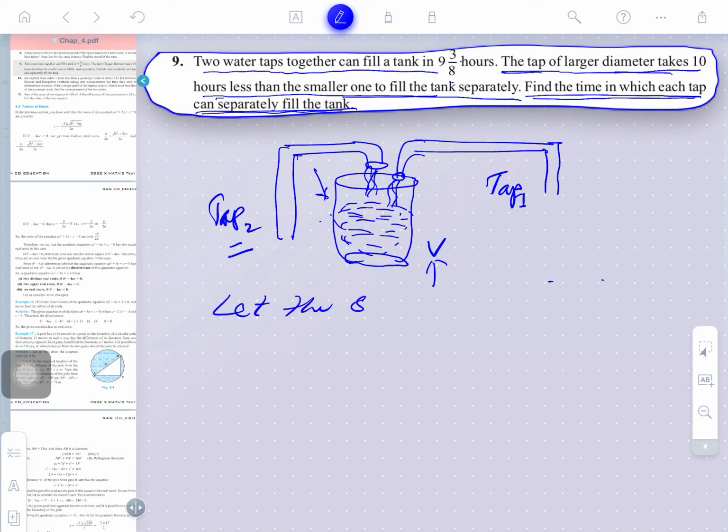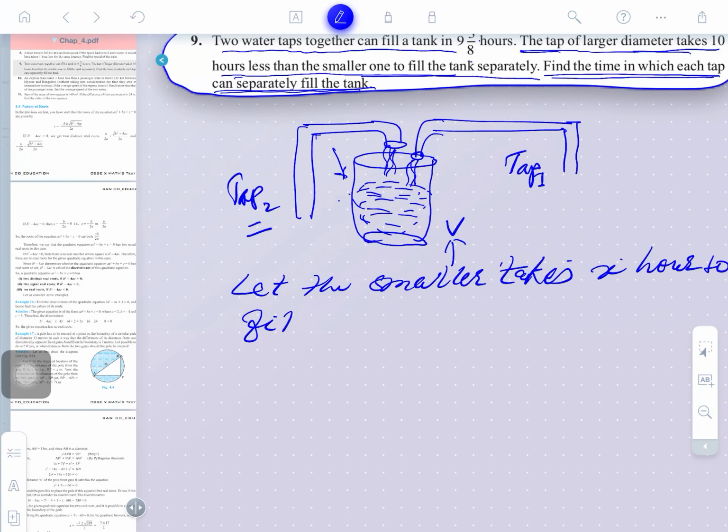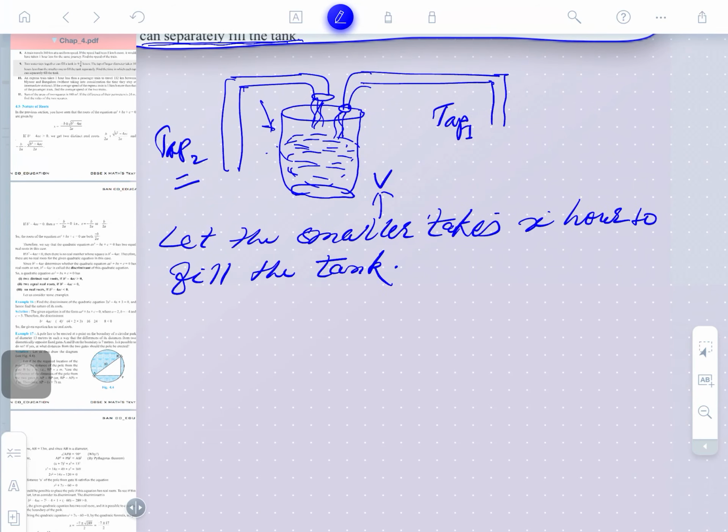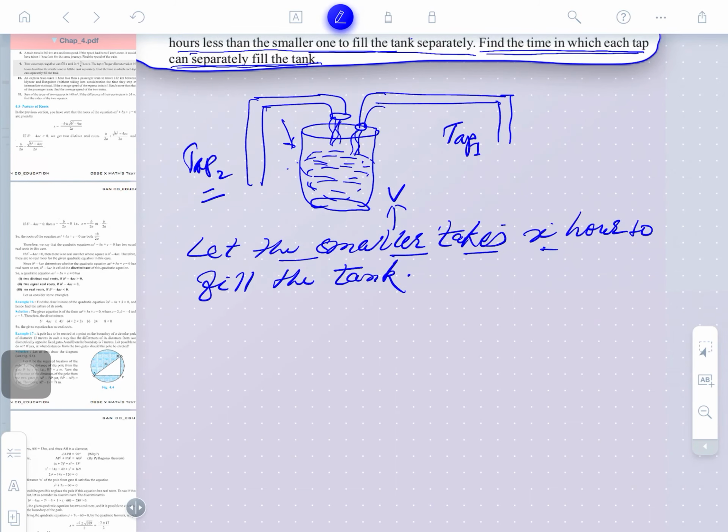So first the smaller: let the smaller take x hours to fill the tank.